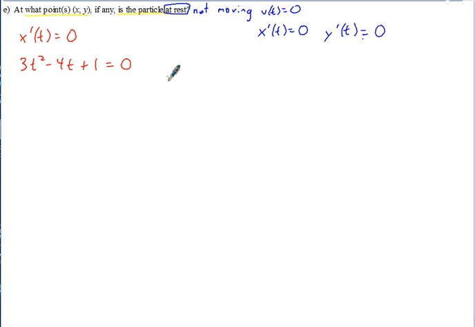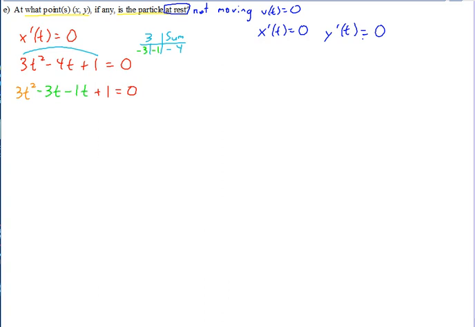For this one, it's quadratic, there's no GCF, so we're looking for factors of 3 whose sum is negative 4. Well, what would work there would be negative 3 and negative 1. Since it has a leading coefficient that's not 1, remember what we do is use these two numbers to split up the middle term. So we leave the 3t squared alone and split up the negative 4t into negative 3t and negative 1t. You can see that's the same as negative 4t, and then leave the plus 1 alone.